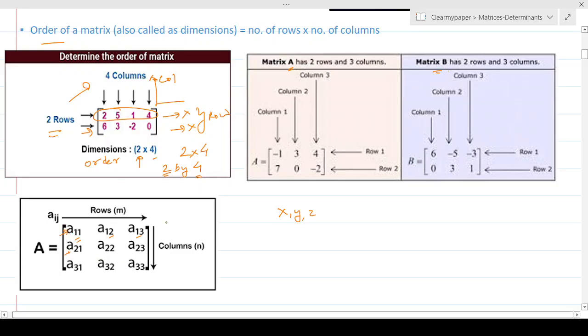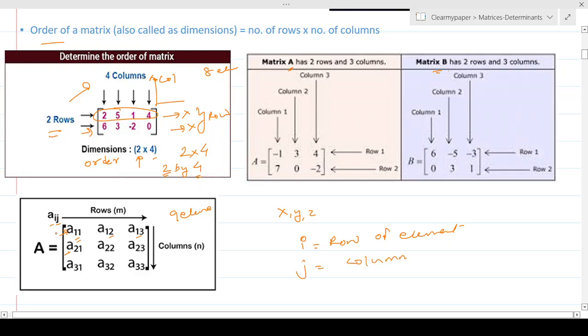So this matrix has 9 elements. And this matrix has 1, 2, 3, 4, 8 elements, like that. For each element, instead of using the order of the matrix, you can also denote it by I and J, where I means the row of the element, and J means the column the element is in. You can represent it that way also.